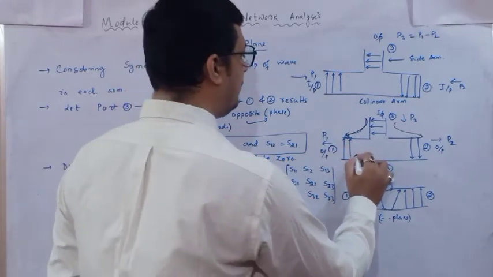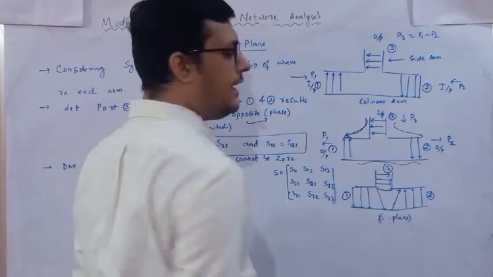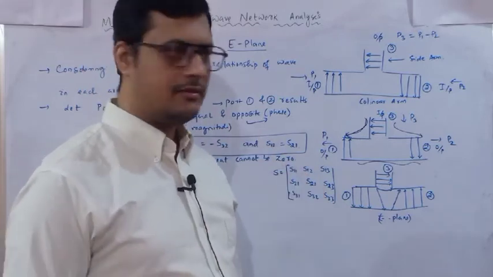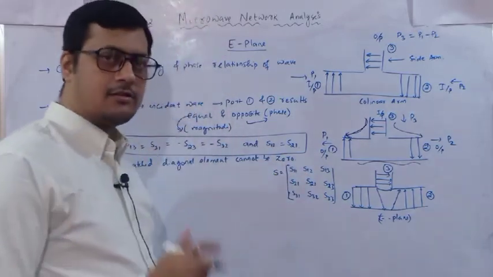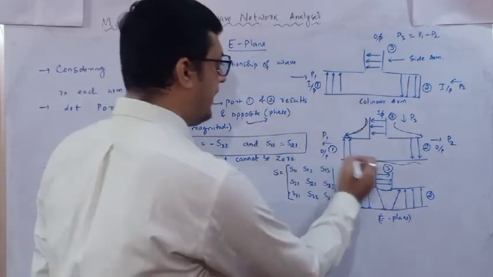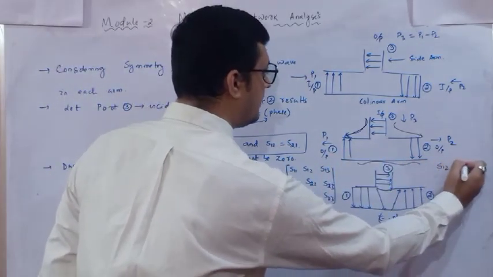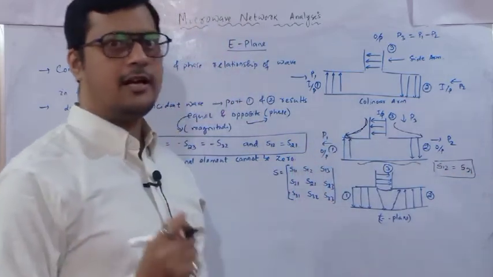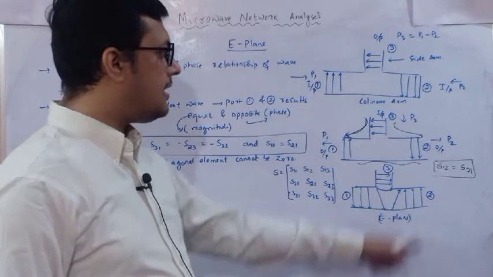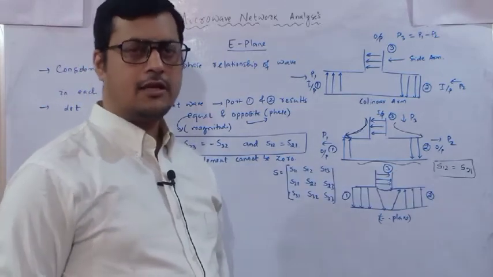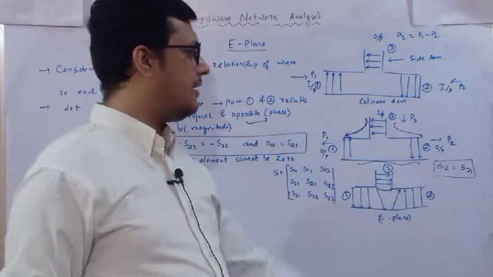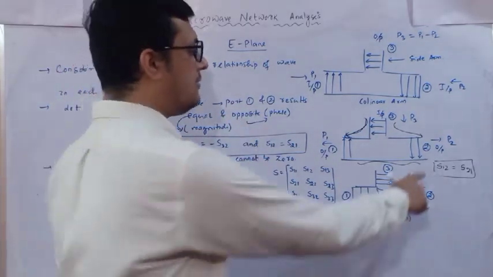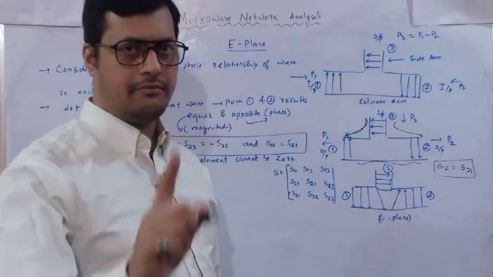And one more relation is that 1 and 2 have equal amplitude, meaning the magnitude is the same. So S12 equals S21, and this is called our symmetric condition: for i equals 1, j equals 2, Sij equals Sji. So S12 equals S21 is the first condition.